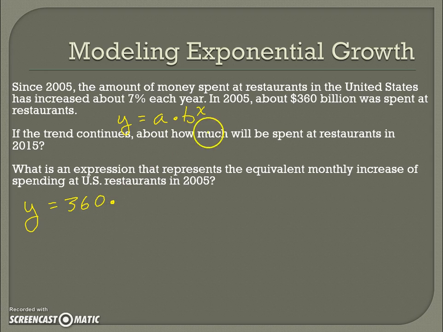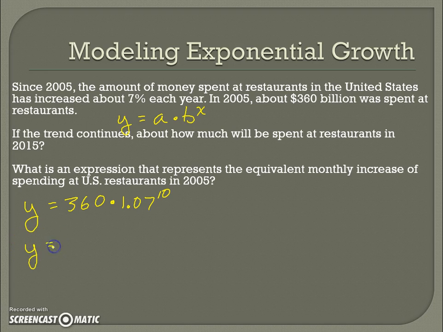B is 1 plus my percent. So here it's 7% plus 1 is 1.07. And then x is the amount of time that went by, which in this case, 2005 to 2015 is 10 years. All right, so that's all I'm doing on this is substituting these values in, and then I'm solving for it.